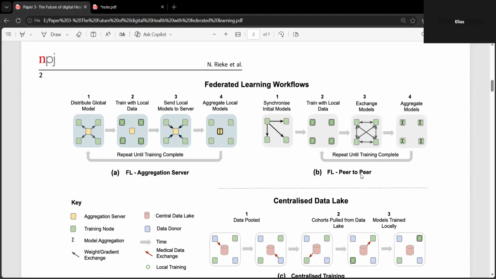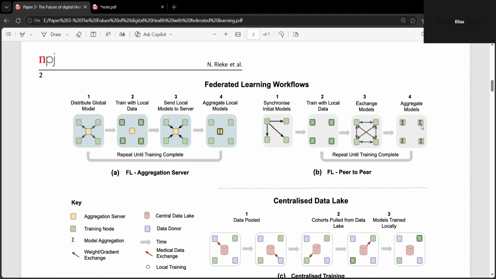The other one is peer to peer, which means that there is no server here. Each device or each hospital is doing the training locally. And finally, at the end, they share their model weights with each other, and then they update accordingly.